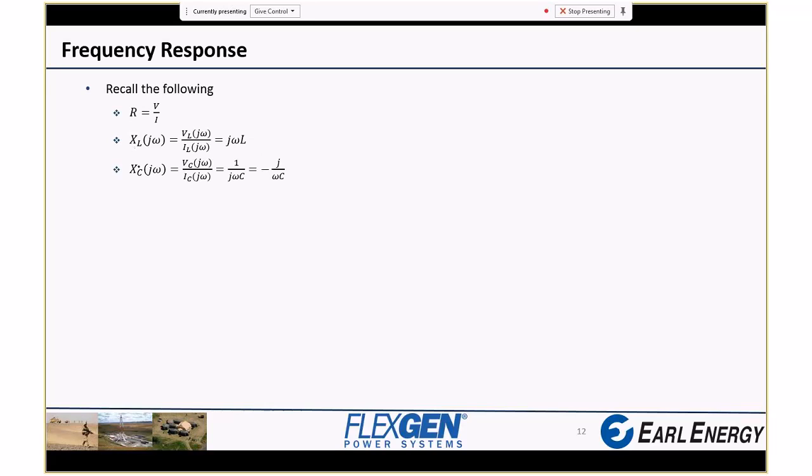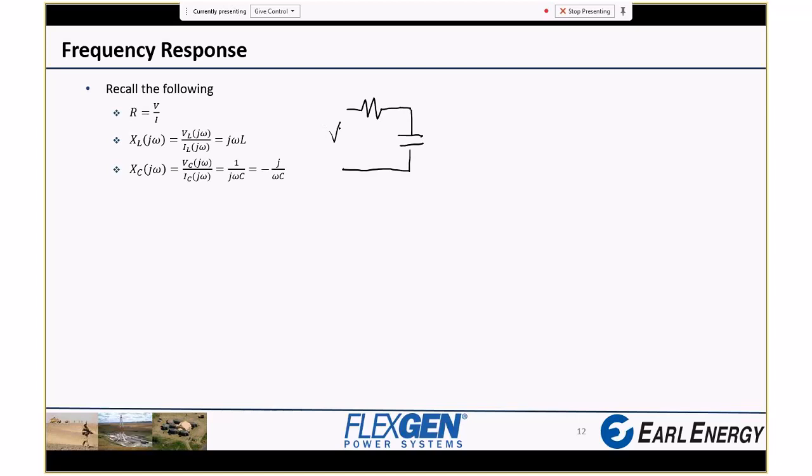Reactances are AC voltage over current, and for an inductor, it's j omega L. For a capacitor, it's negative j over omega C. So let's look at some basic filter circuits and use these reactances to inform what they do. The first and most common in electronics is an RC filter, like this.